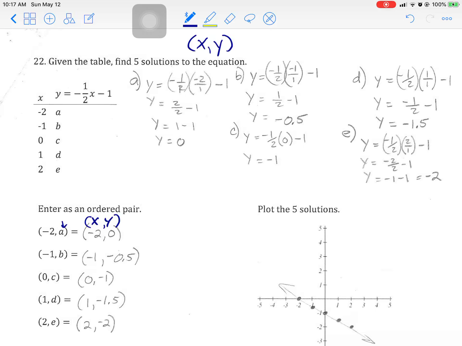In other words, they want you to put -2 in for X. See how this is an X here? Put -2 in for X. Multiply a -1/2 times a -2 and subtract 1, and what do you get? That's going to be your A. So in this case, I like to multiply my fractions this way.